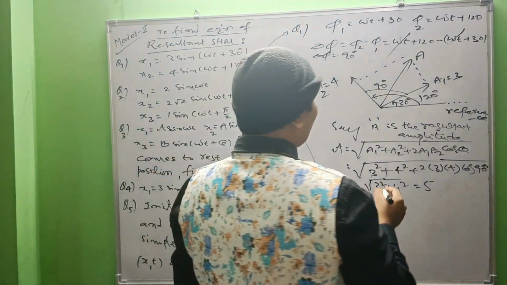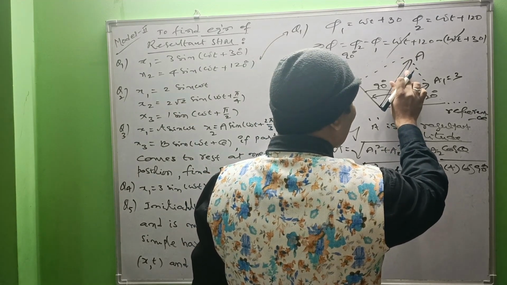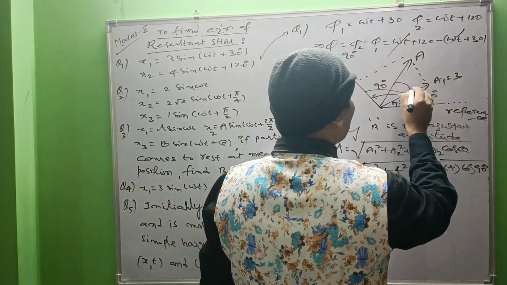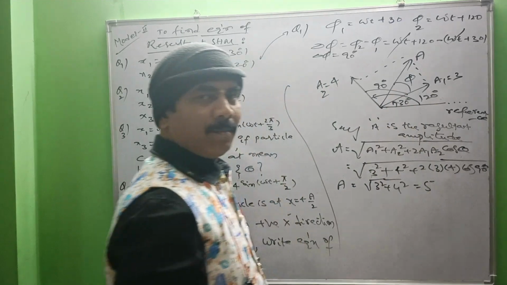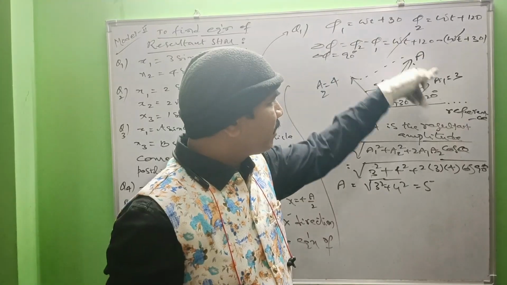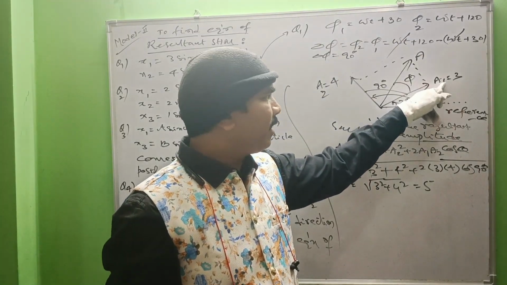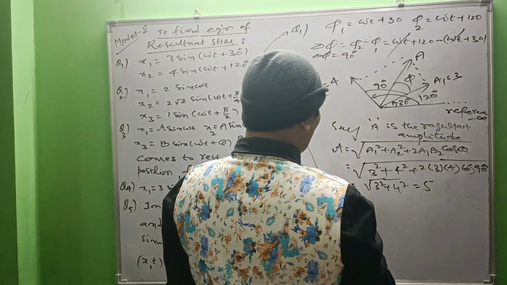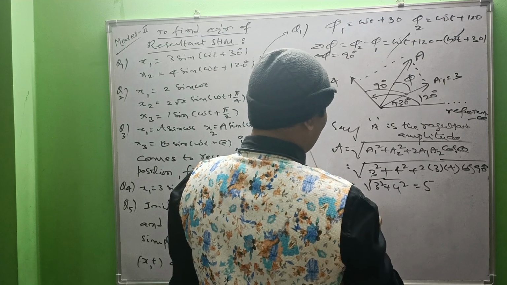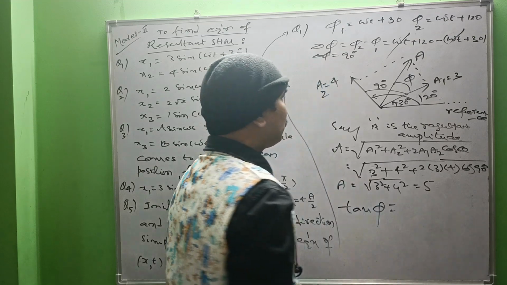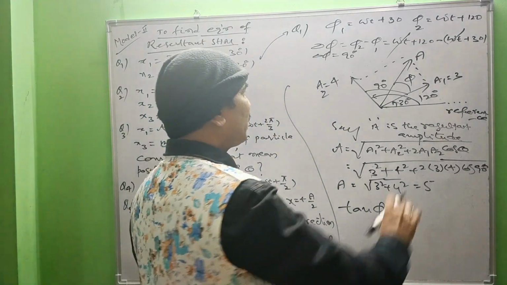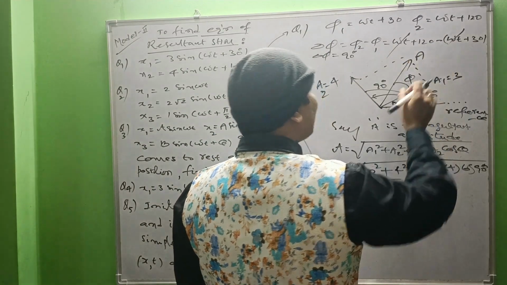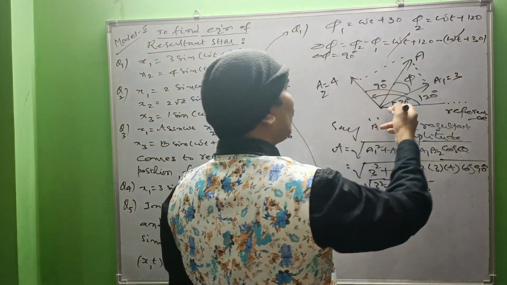Now what is the angle made by the resultant amplitude with A1? Say that is phi. Phi is the angle made by the resultant with one of the parent vectors, say A1, that is 3. So we know that tan phi equals the opposite side by the adjacent side. What is the opposite side? 4. What is the adjacent side?